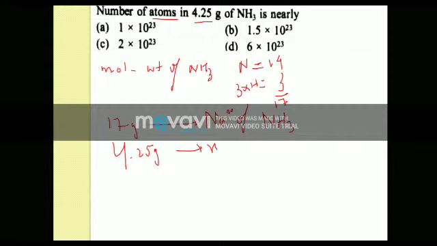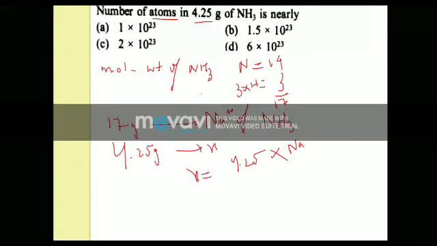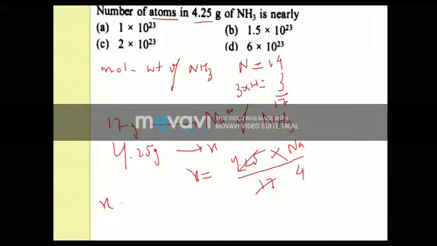So 4.25 grams will have how much? Put some value x, and x is equal to 4.25 into Avogadro's number divided by 17. If you divide this, you will get 4, so x is equal to Na by 4.